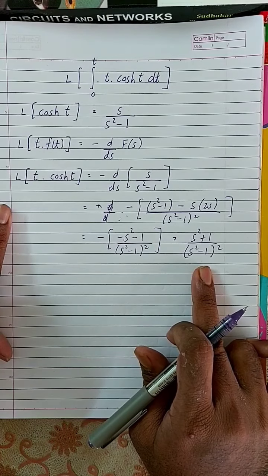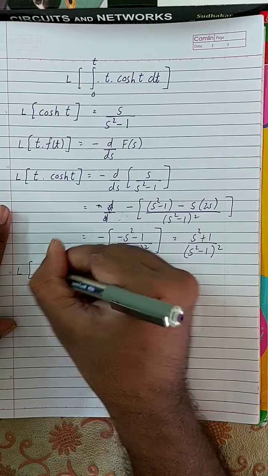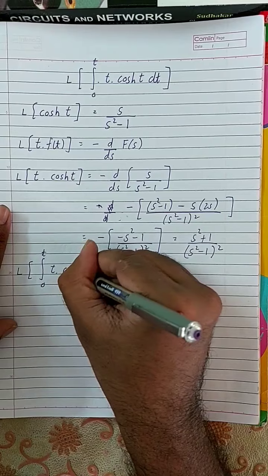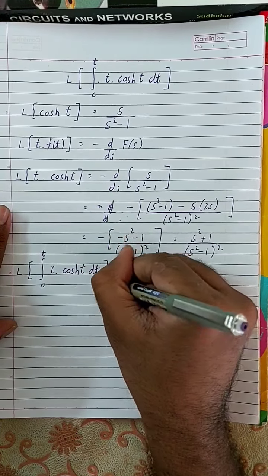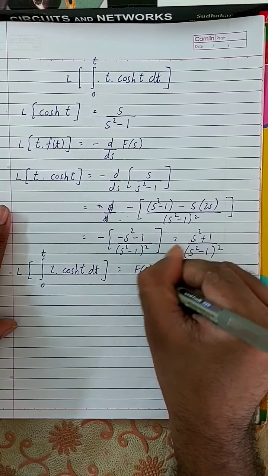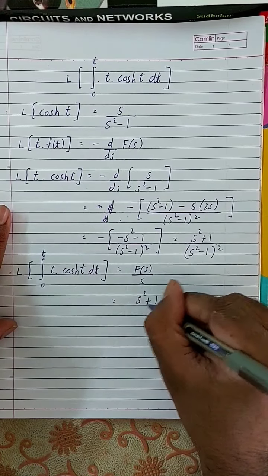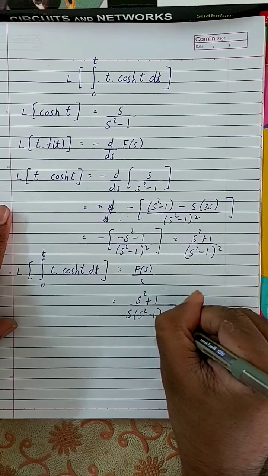So now I can say that the Laplace transform of integral 0 to t of t cosh t dt is equal to F of s by s, which is equal to s square plus 1 by s into s square minus 1 the whole square.